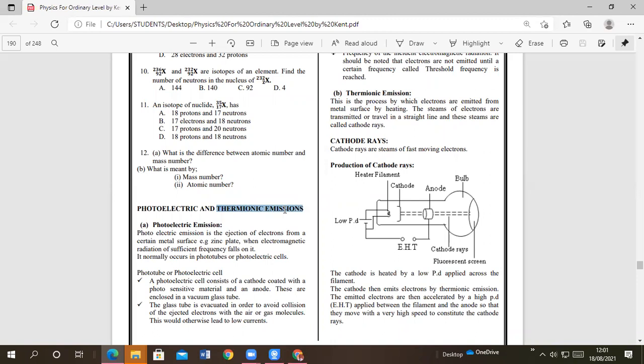So with thermionic, there is heat that is subjected to a metal. And ionic, when you look at ionic in chemistry, these must be particles, or something must be charged. So it means that thermionic emission produces charged particles, and these charged particles are electrons, but these electrons are emitted whenever a metal is heated. That is thermionic emission.